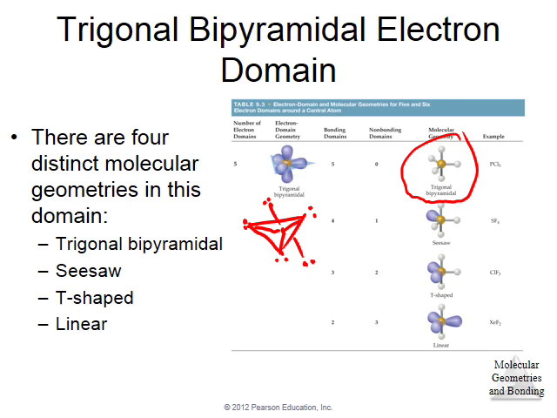Now it could be that all of these electron pairs get bonded, or some of these get bonded. Based on that, you have different shapes like seesaw for SF4, and then you have T-shaped, and also you have linear for XeF2.